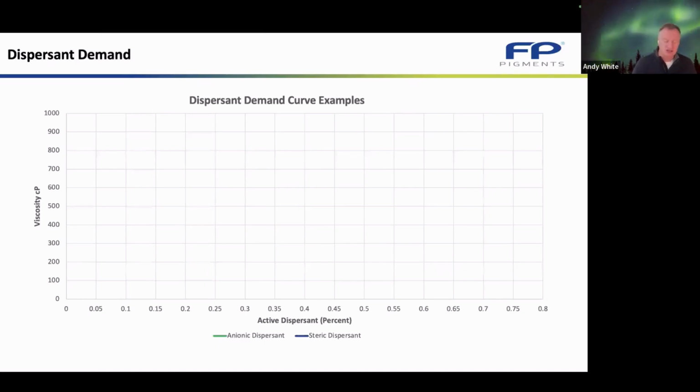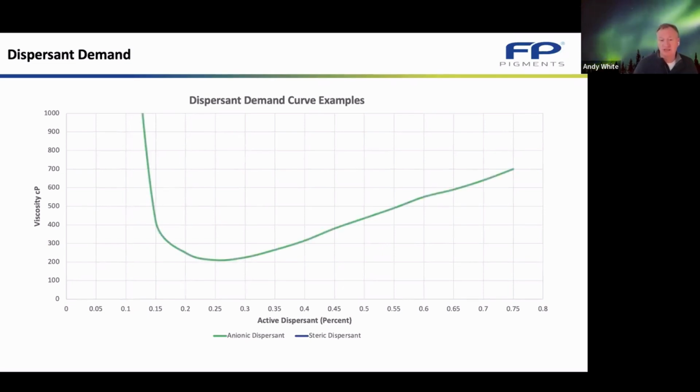If ever you're changing a dispersant or changing a grade of titanium dioxide and encounter a viscosity stability or a pigment stability issue, the likelihood is it's because of the different interaction between a different dispersant and a different titanium dioxide. And just to give you a couple of examples, two different dispersants here on the same pigment. You can see the amount of dispersant is entirely different.